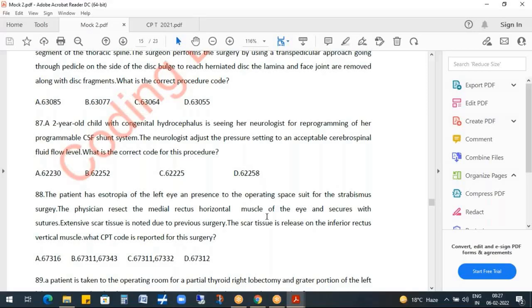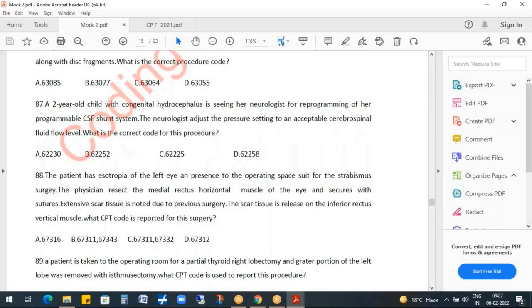Yes, sir. See here, the scar treatment they are performing on the affected muscle. Can you read the scenario?